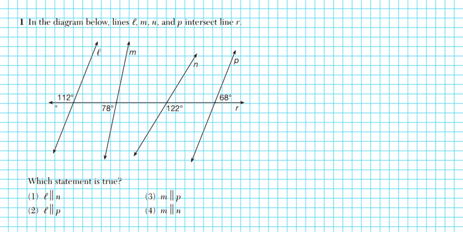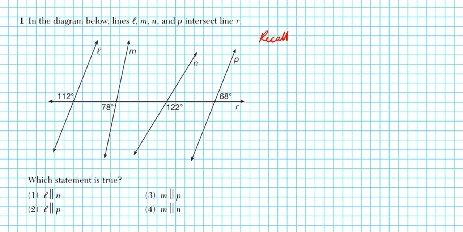So we have 4 lines cut by a transversal. So one thing you want to recall is that if parallel lines are cut by a transversal, then corresponding angles are congruent. Okay, it goes in both directions.